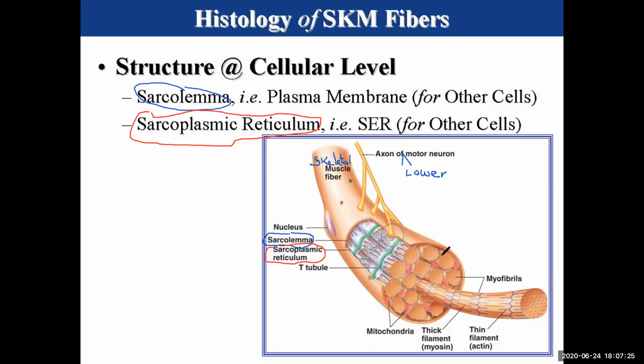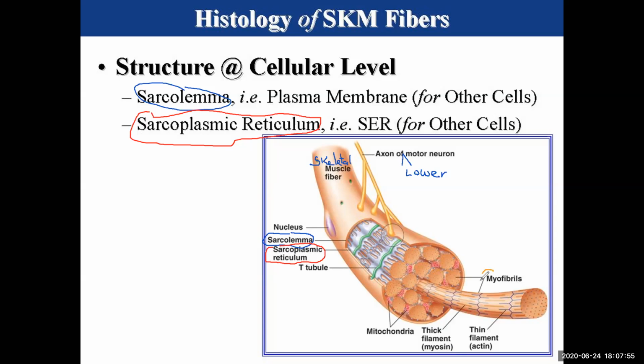And within the cell, you have multiple types of protein. One structure is called the myofibril. You can think of a myofibril as a train, and within each train you have thousands and thousands of cars, right?